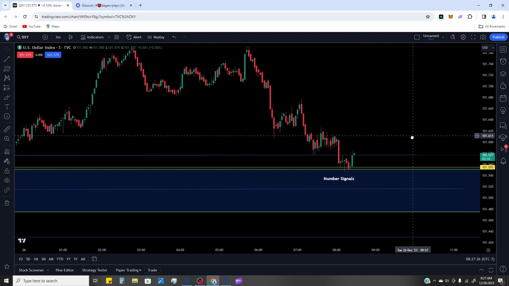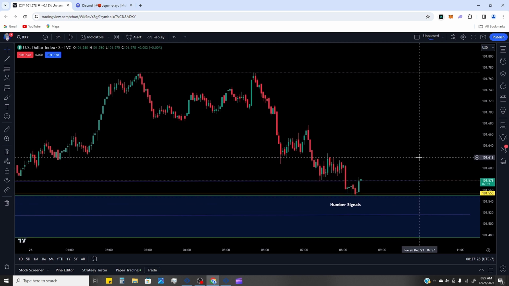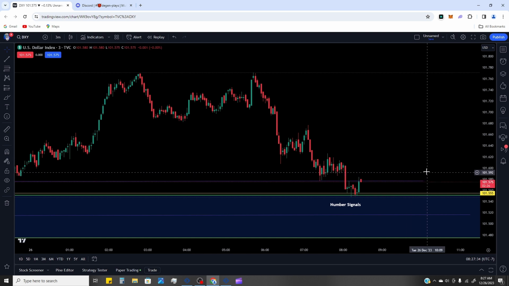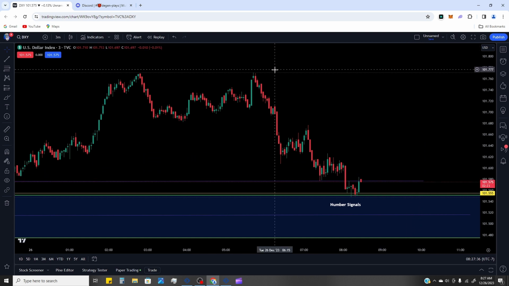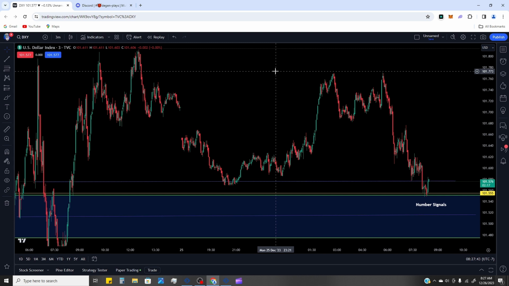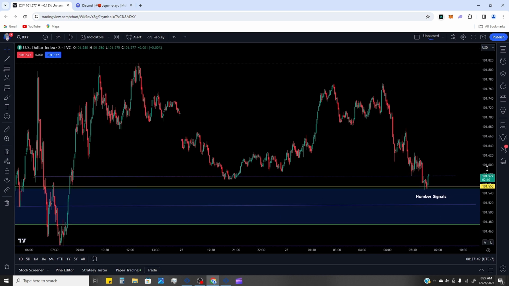Okay, as you can see, we're pumping right off of 101.555. The chart has fallen primarily all day on the dollar until we got to that very specific area. It's time for reversal. Okay, number signals give you a signal that it's time for reversal.